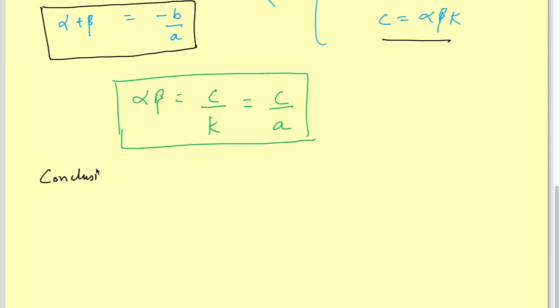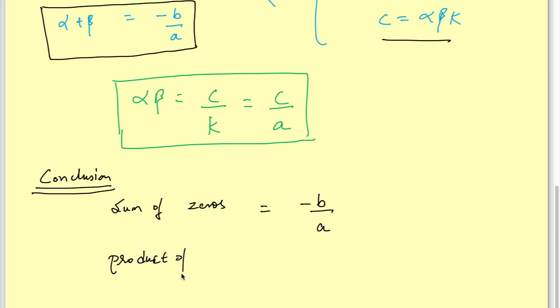So what we can write in this is that the sum of zeros is minus b by a, and the product of zeros is c by a.